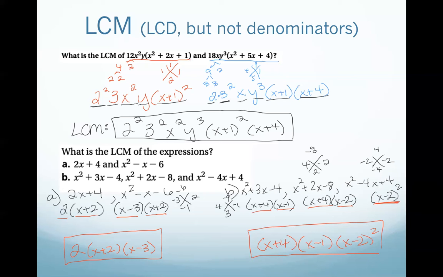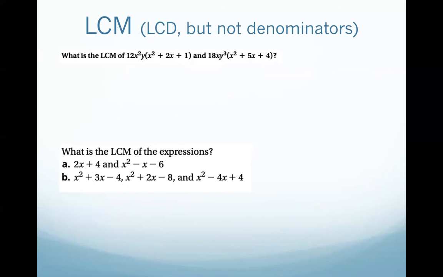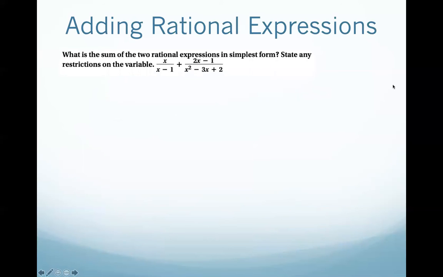Okay, so that's the process that we're going to use in order to add and subtract rational expressions. To add rational expressions, the first step is going to be to factor everything. Okay, so I'm looking at this expression here. I'm adding 2 fractions. The first fraction is already factored.